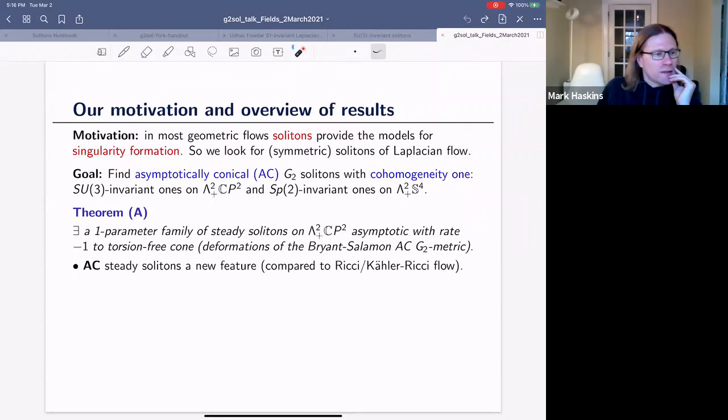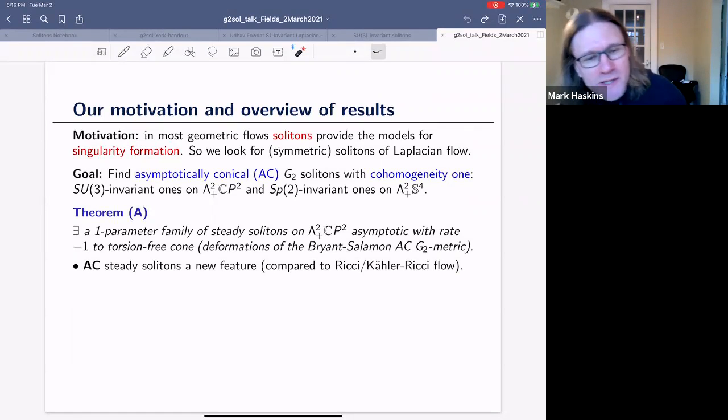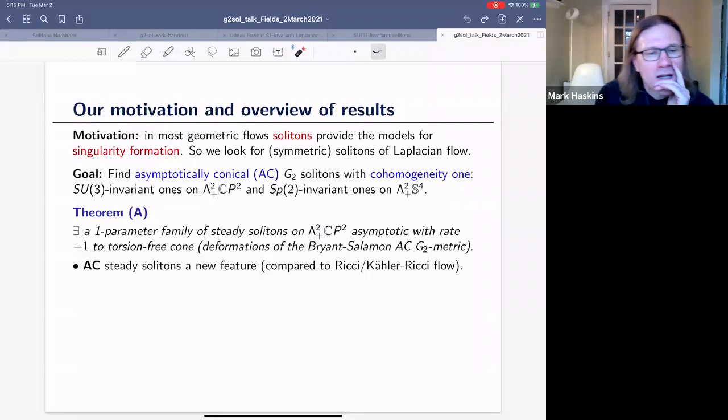So let me state what the three main results are and then try to explain what goes into proving them.